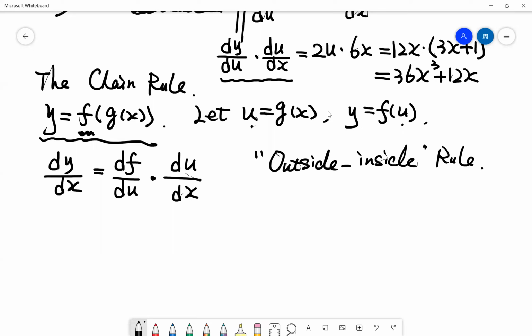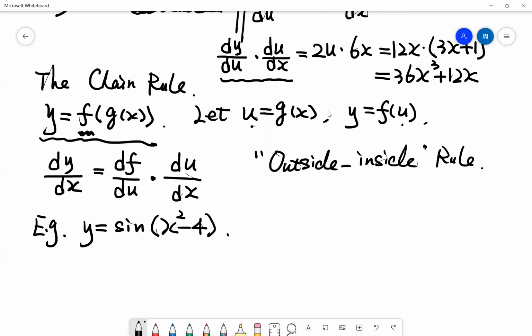So here we can solve the question above. We want to solve y equals sine of x squared minus 4.